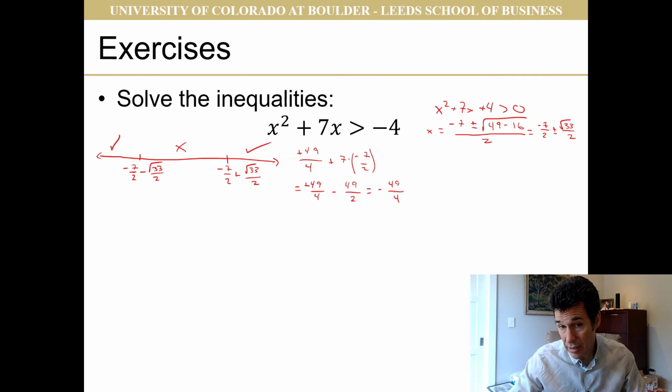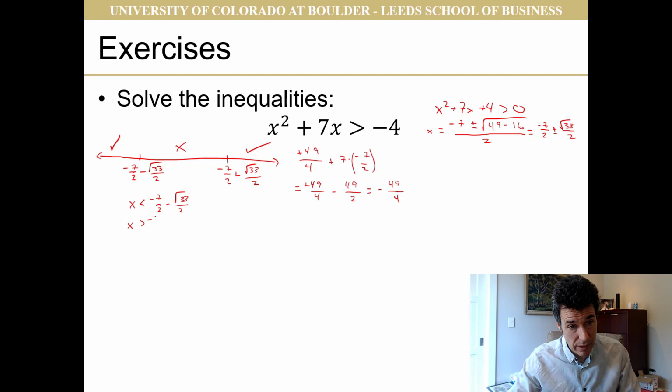And that is less than negative 4, so it's not true. So we've got this solution here: x is less than negative 7 halves minus square root of 33 over 2, or x is bigger than negative 7 halves plus square root of 33 over 2.